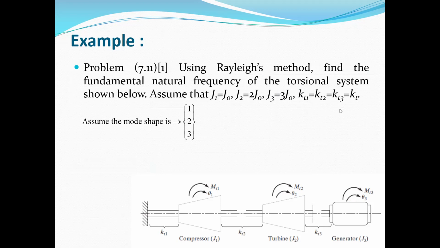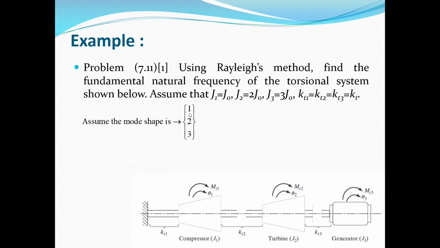So as I told you, we need to assume an initial mode shape. We assume that the mode shape is 1, 2, 3, and according to your geometry and your system, you can guess this mode shape.